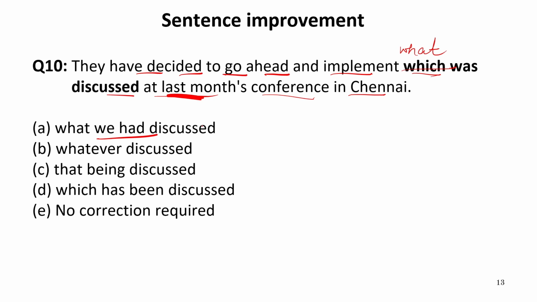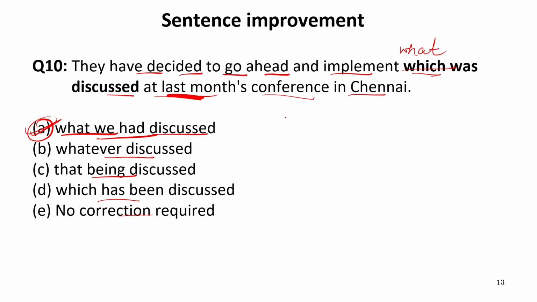What we had discussed, whatever discussed, that being discussed, which has been discussed, no correction required. So the correct answer will be A, that is what we had discussed. This will be the correct phrase to be used over here.